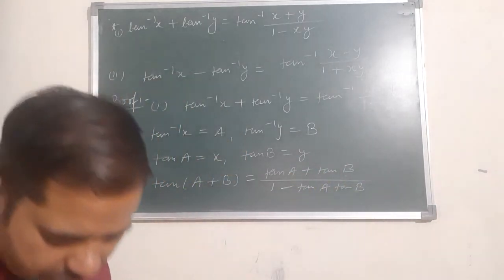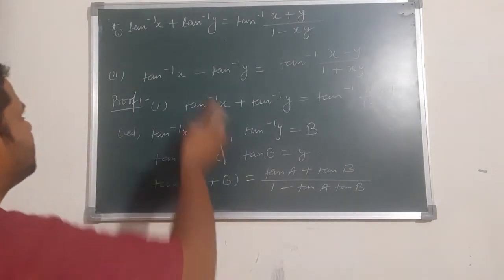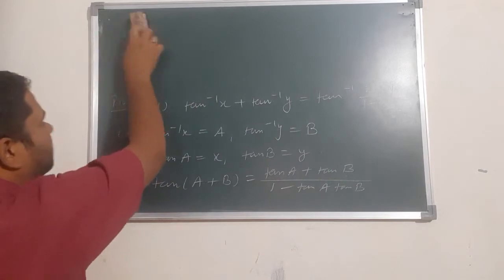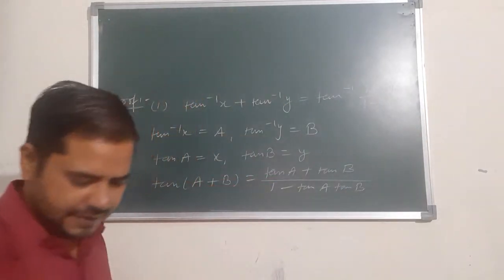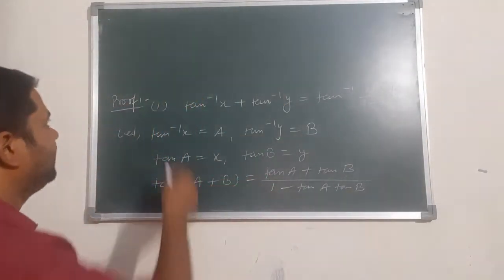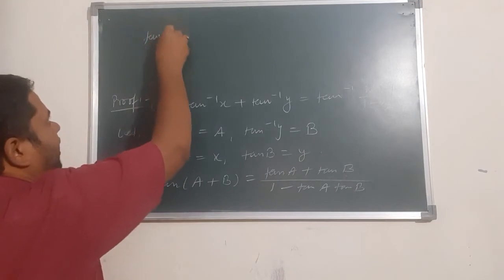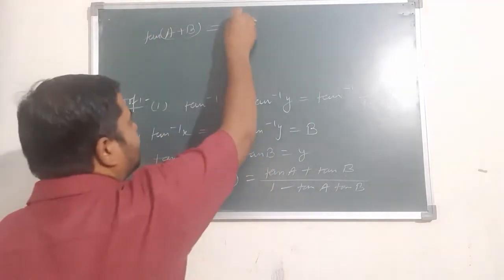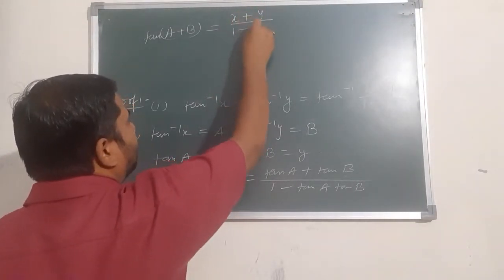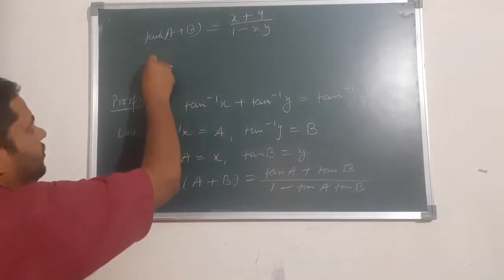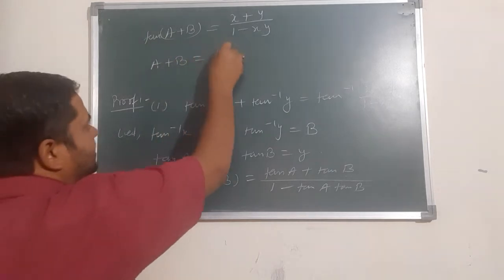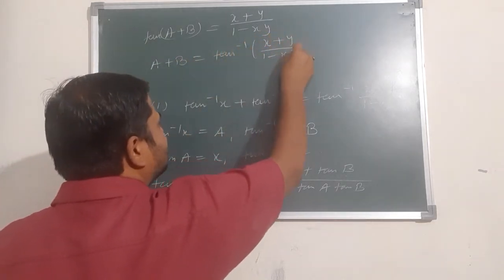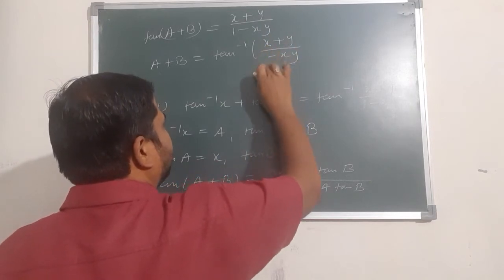Okay, so I'm just going to erase this one. So see, what is the value of tan a plus b? This is nothing but x plus y upon 1 minus xy. And if you write a plus b, then simply it is tan inverse of x plus y upon 1 minus xy.